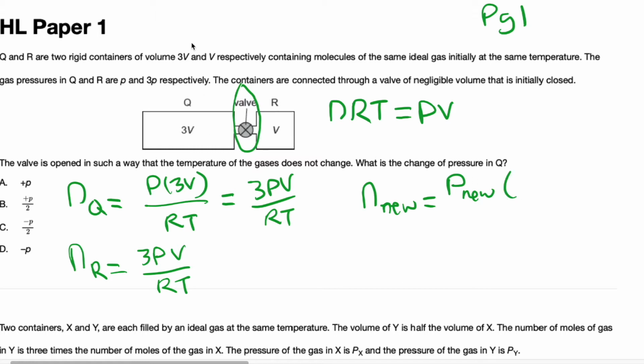So after this part is open, the total volume is going to be equal to 3V plus V, which is equal to 4V. So 4V divided by RT.